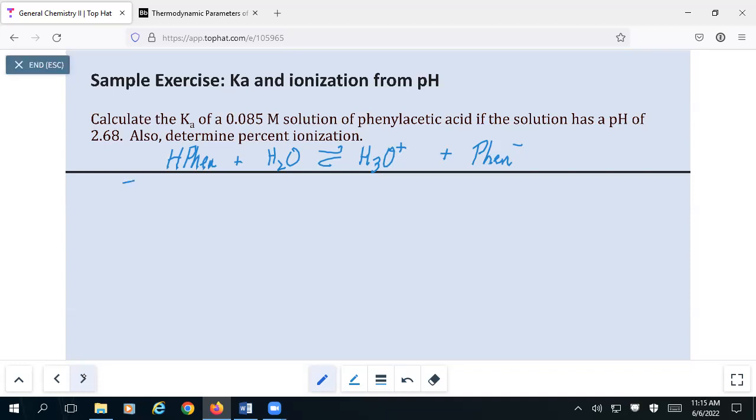Our initial concentration is 0.085 molar phenylacetic acid. Since water is a pure liquid, we don't care about its concentration at all. And we can safely assume that there is no concentration of either of these two products at the initial moment of reaction.